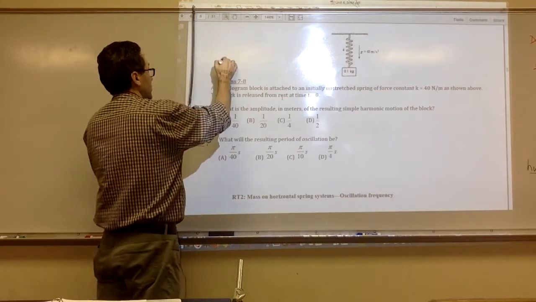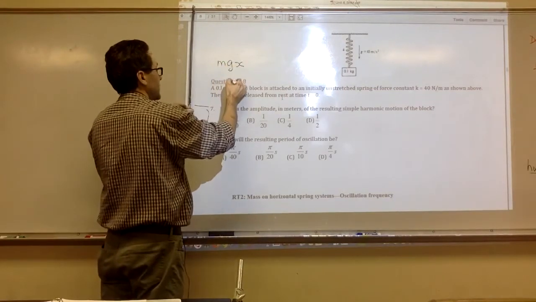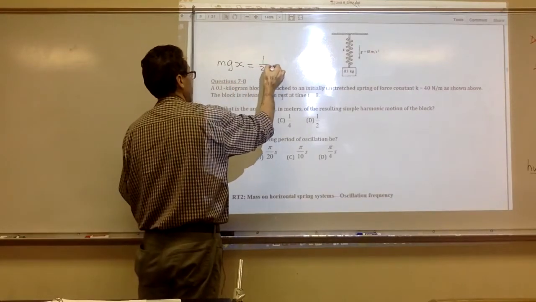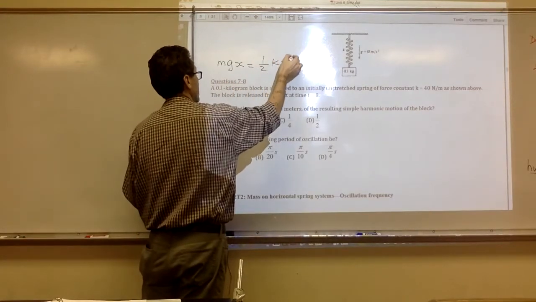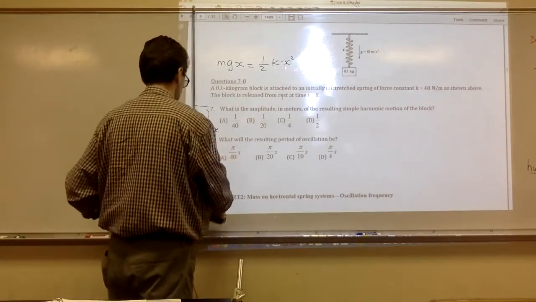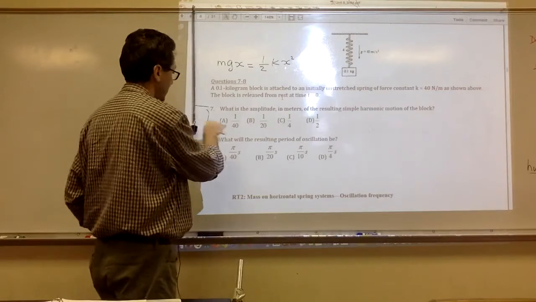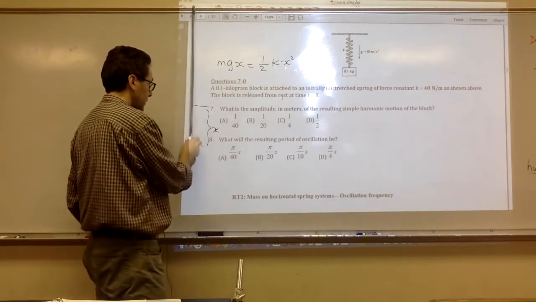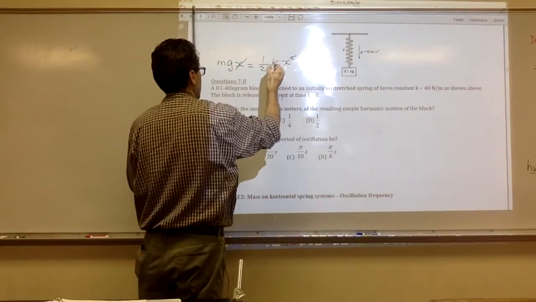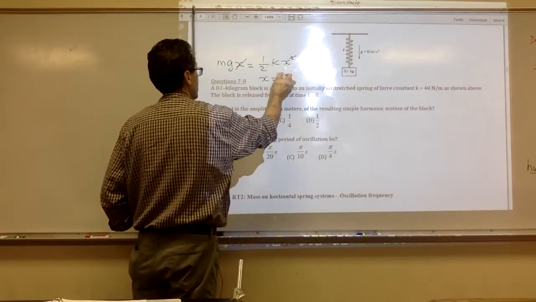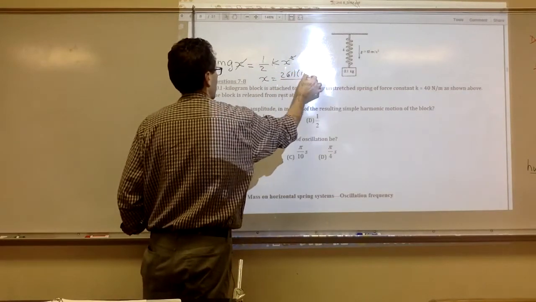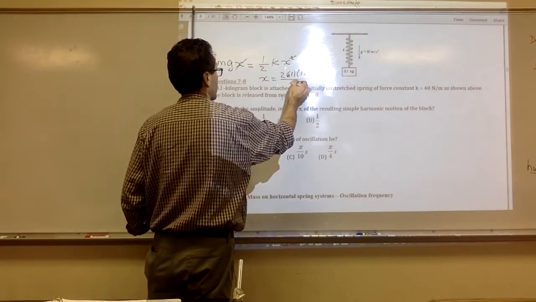Up here, it's got all gravitational potential energy. When it's down here, it's 1/2 k x squared. Now that's maximum stretch. So the amplitude is half of that because you're oscillating around that. So this is your equilibrium. So x is equal to 2 times 0.1 times 10 over 40.